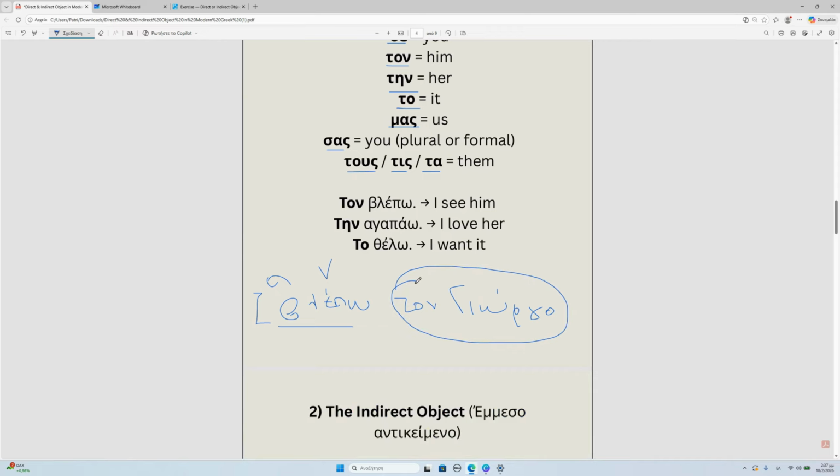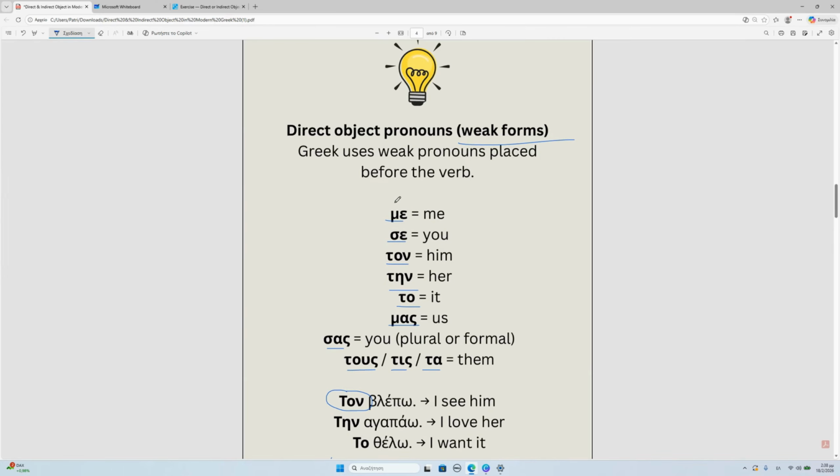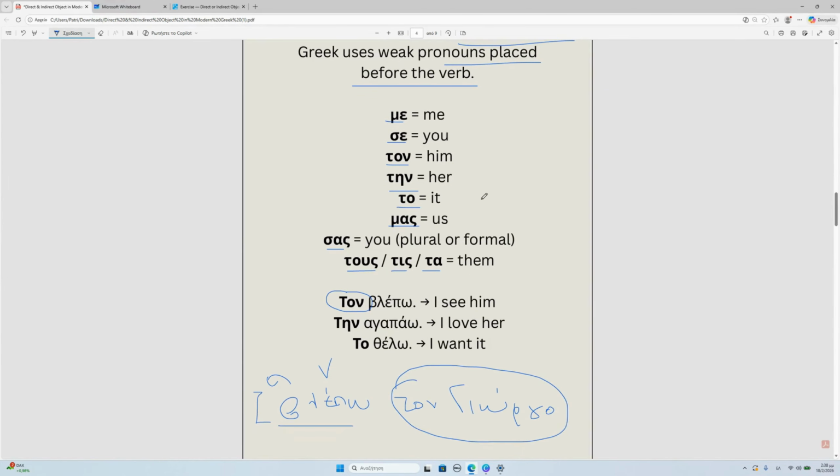But because in a conversation we already know that it is Yorgos and we don't want to repeat ourselves, instead of saying τον Γιώργο a second time, you can say only τον βλέπω. And this is always placed before the verb.